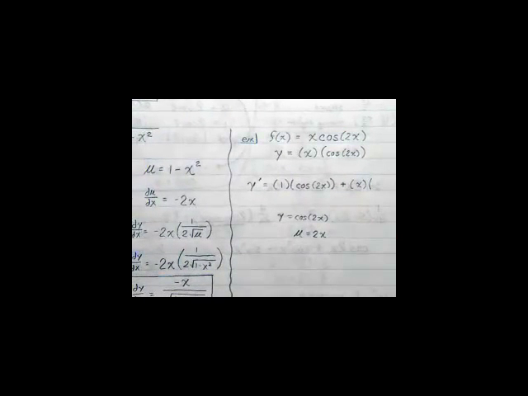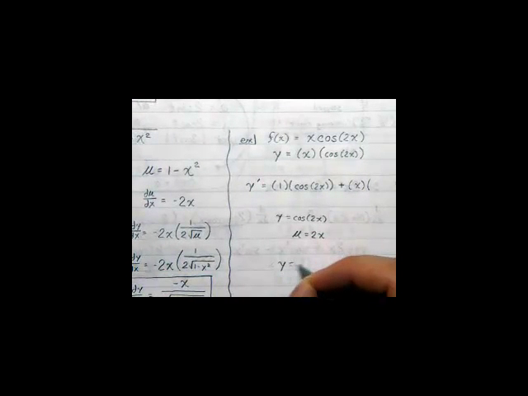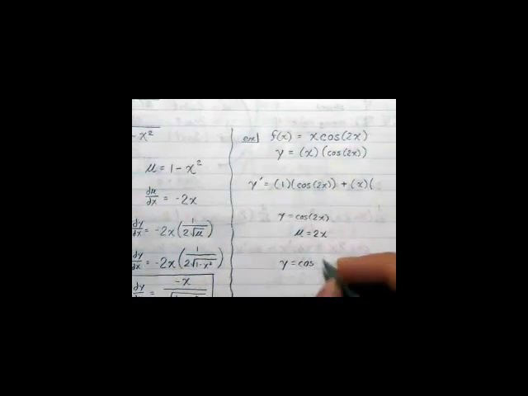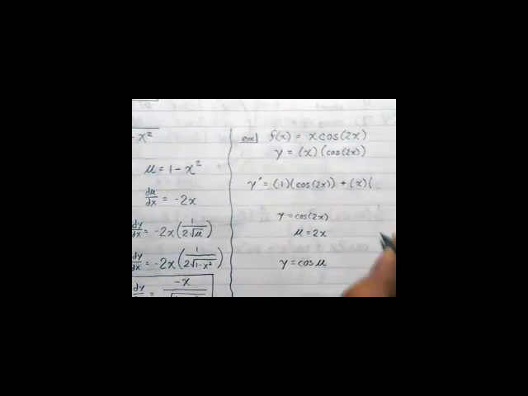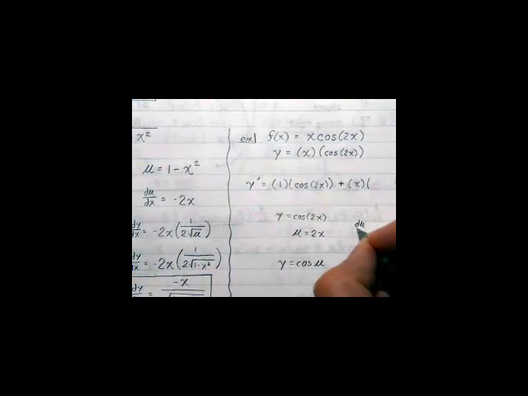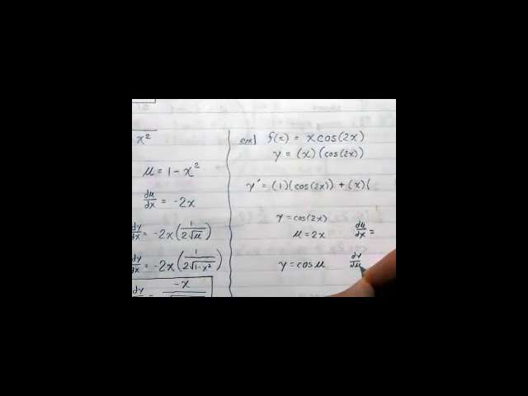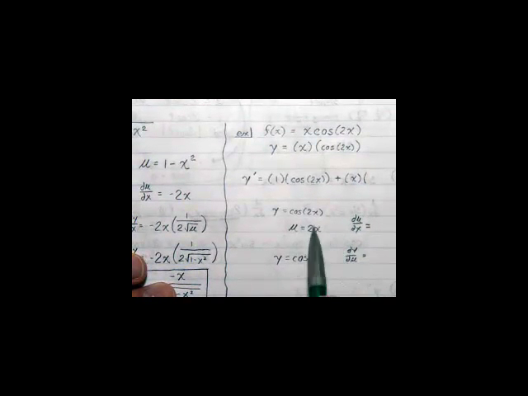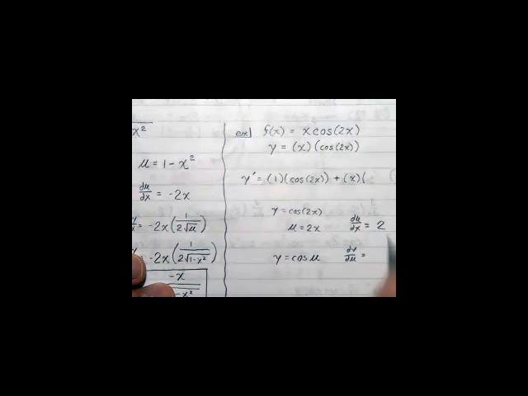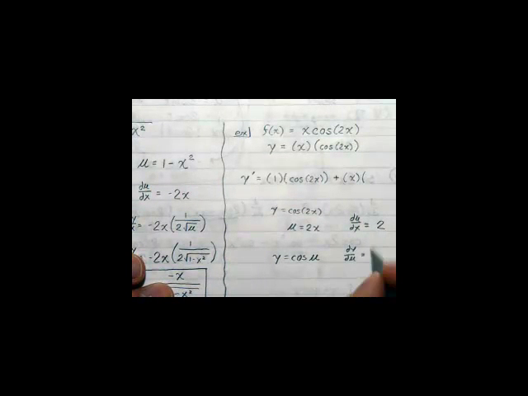Yeah, 2x. And then we've got y equals cosine of u, and u equals 2x, so our du dx and our dy du, we can get both of those pretty easily, right? du dx would be 2, and dy dx would be negative sine, and I'm going to just make the back substitution right now, negative sine 2x, right?